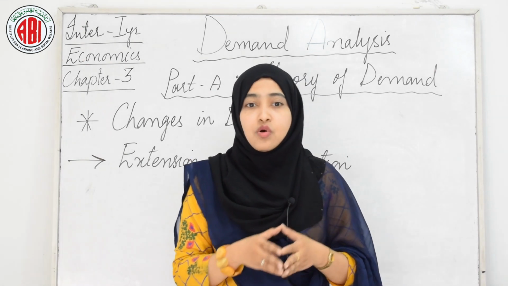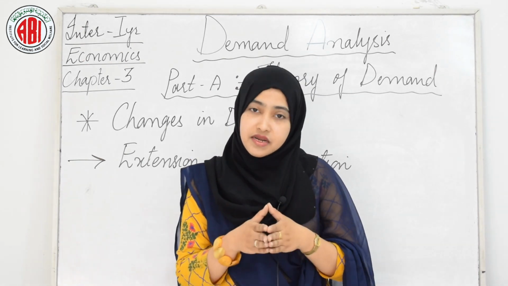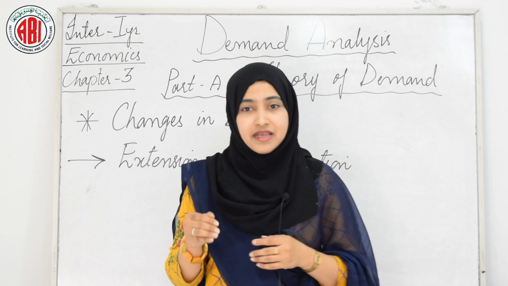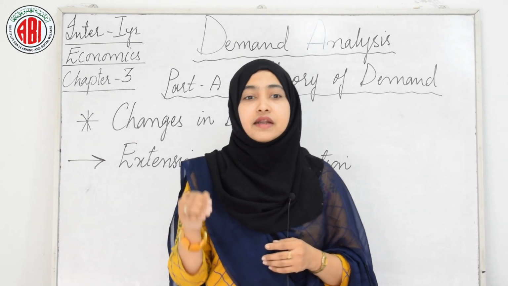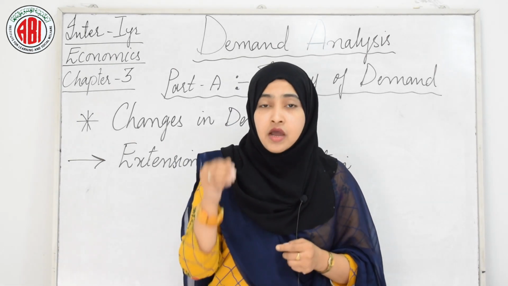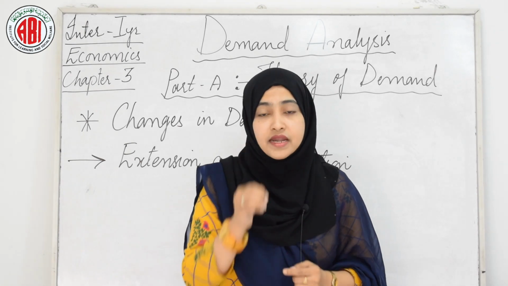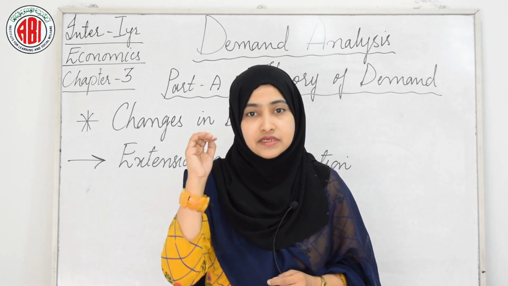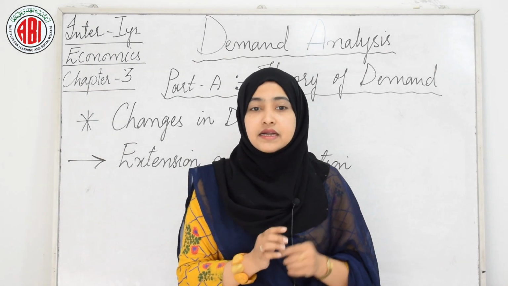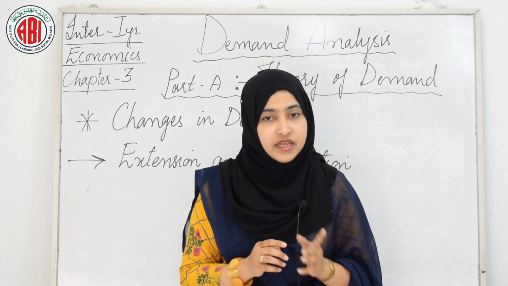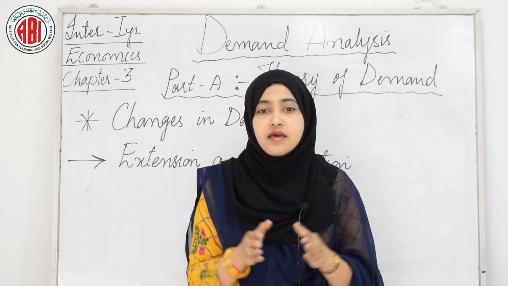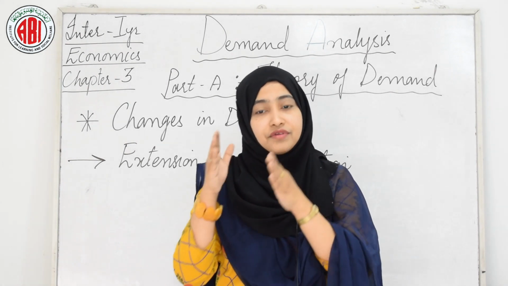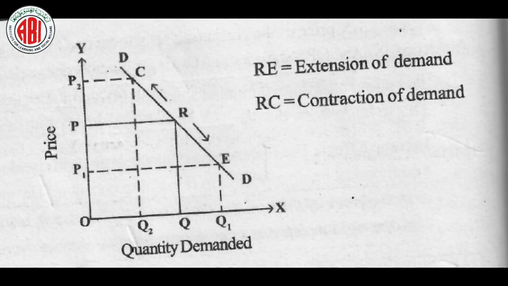When more units are demanded at a lower price, it is called demand extension. On the other side, when fewer units are demanded at a higher price, it is called demand contraction. Get it? So the extension and contraction in demand can be explained on the same demand curve. This is shown here.